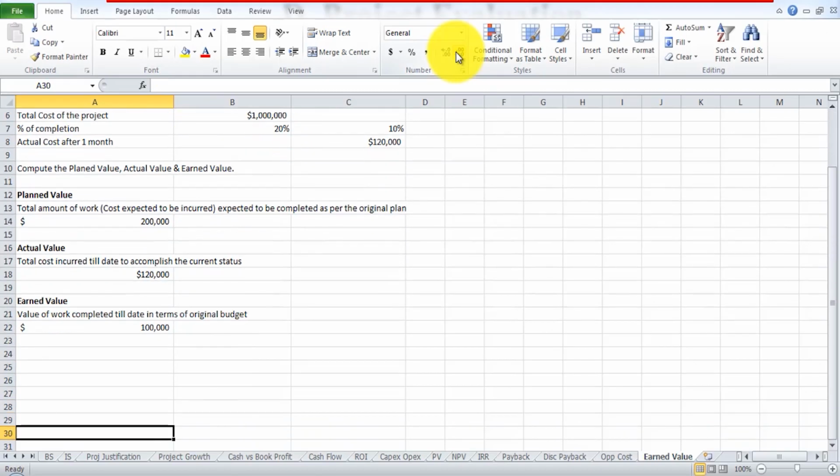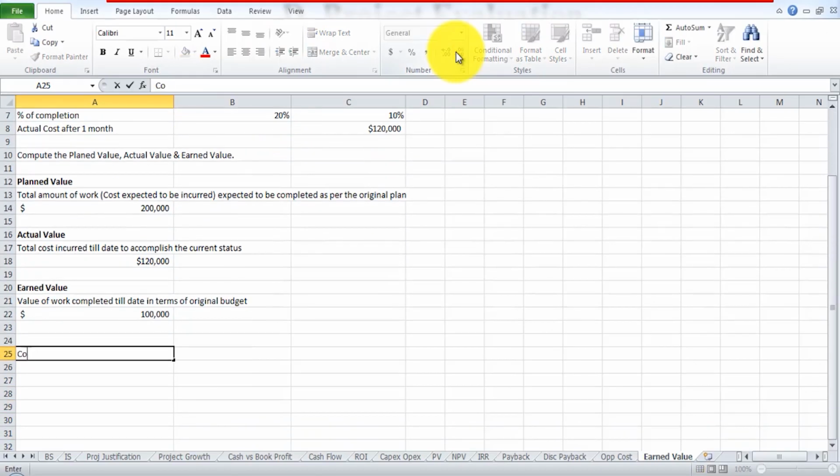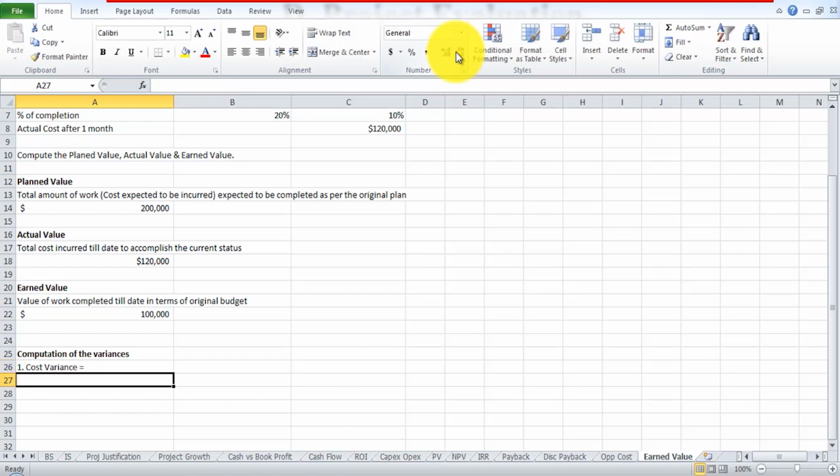Now we're going to compute the variances. We had two variances, if you remember: cost variance and schedule variance. First is the cost variance. Cost variance is equal to your earned value minus your actual cost. Here you're trying to define the deviation between the cost which was supposed to be incurred for 10% versus the cost actually incurred for 10%.